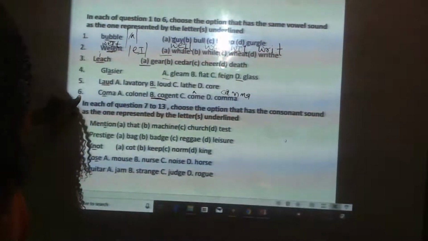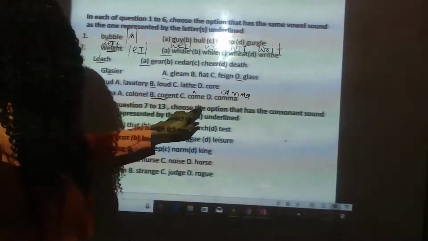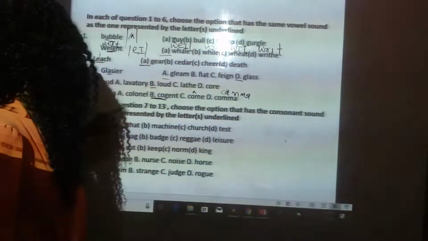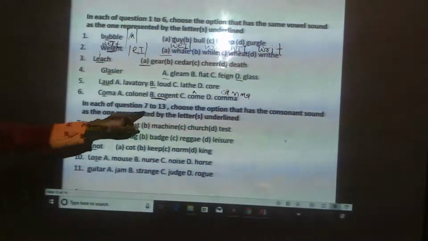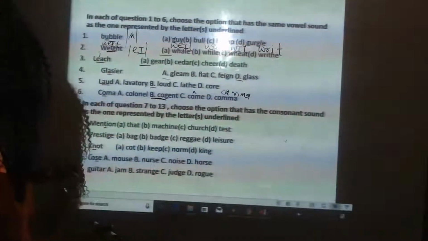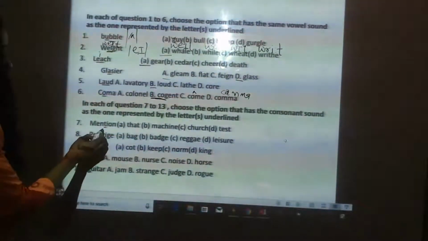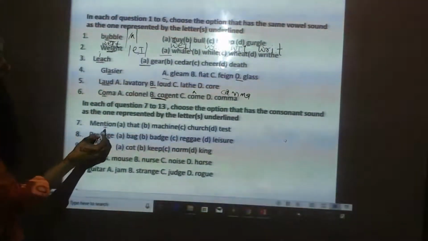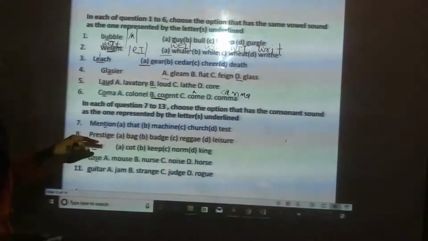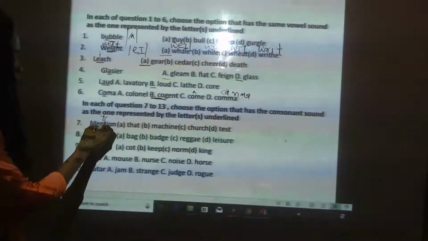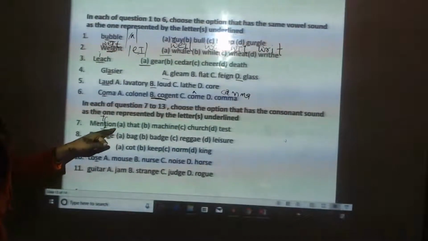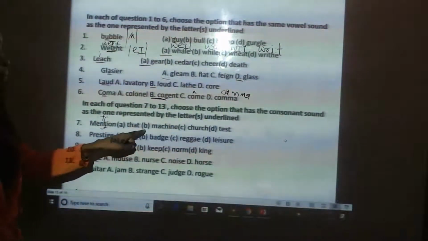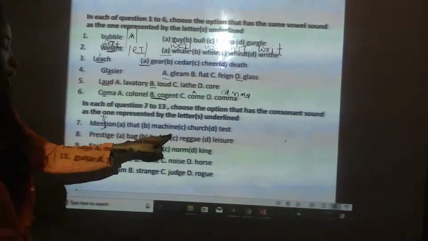Now the next instruction says, in each of questions 7 to 13, choose the option that has the same consonant sound as the one represented by the letters on the line. And the letters on the line here are sh. Mention. This is giving us the sound sh. Now we have A, that. B, machine.